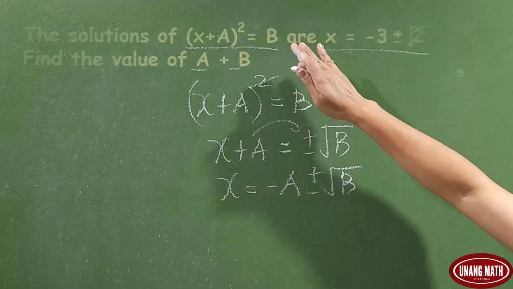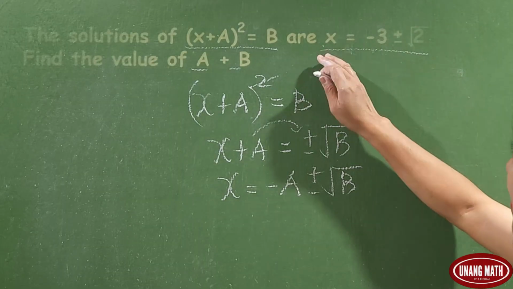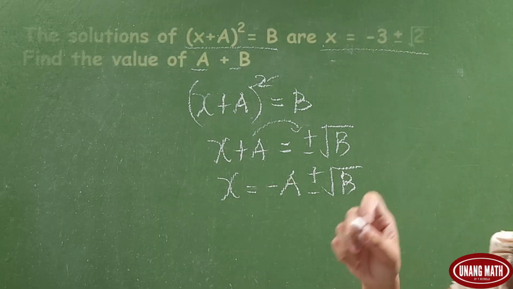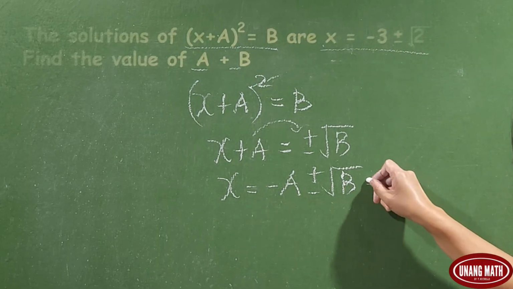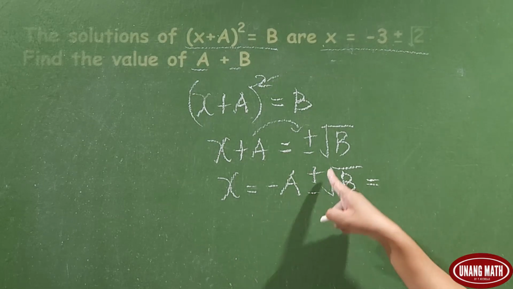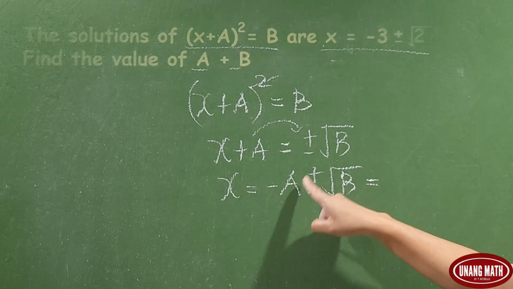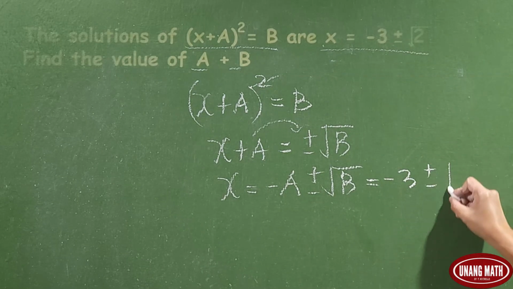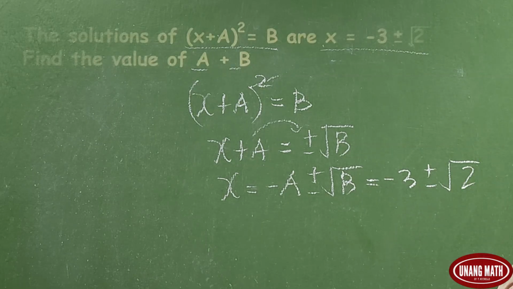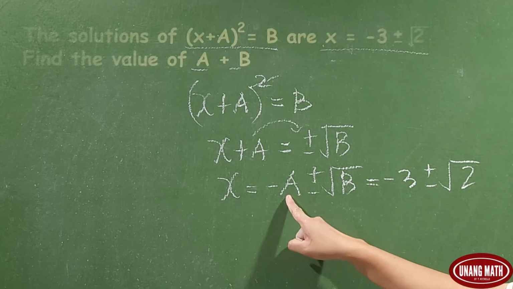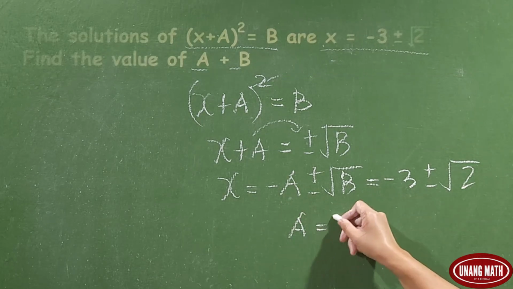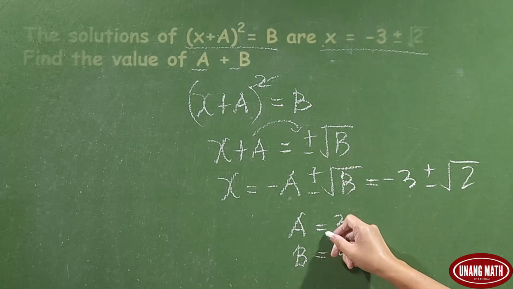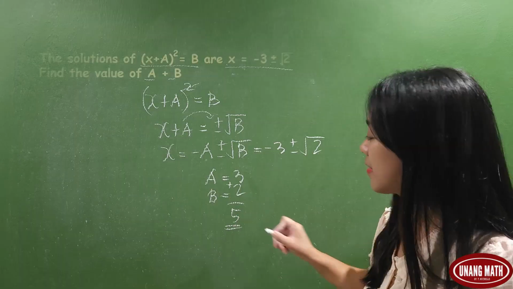And since it says here that x is equal to negative 3 plus or minus square root of 2 is the solution, then negative a plus or minus square root of b is equal to negative 3 plus or minus square root of 2. So a would be 3. What about b? b is 2. So a plus b, 3 plus 2, is 5.